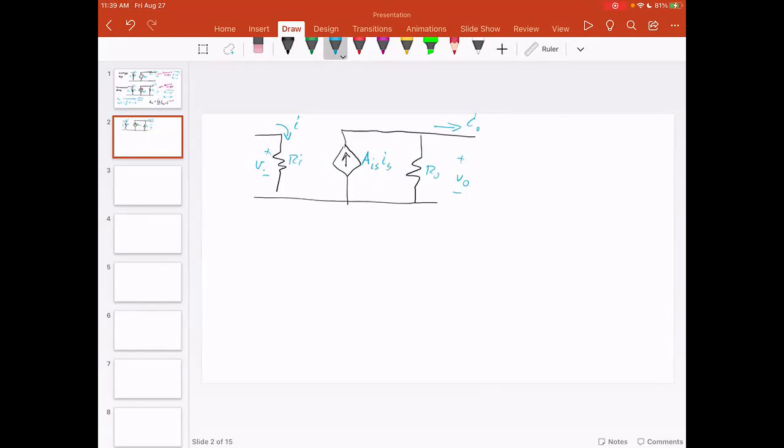So that's a current amplifier. And ideally, the input resistance is equal to 0, and the output resistance is equal to infinite.